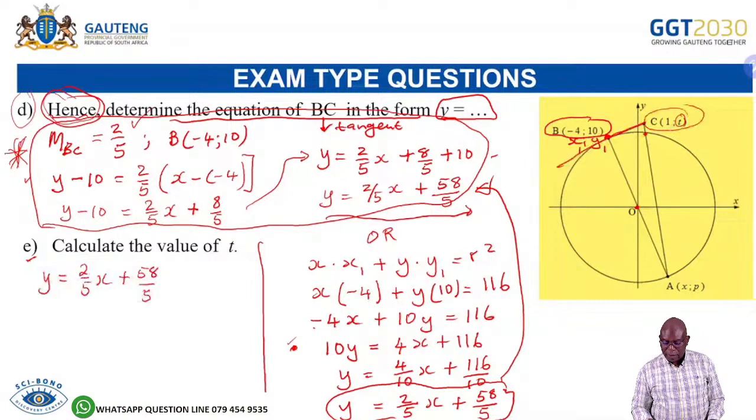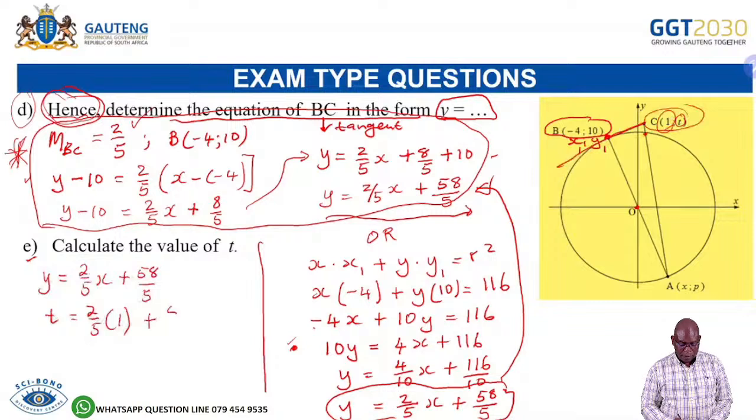So I know that at T, my x value is 1. So my y value is T. My x value is 1, so T equals 2 over 5 times 1 plus 58 over 5.